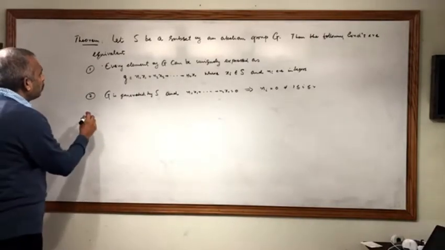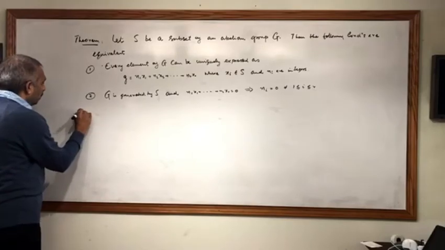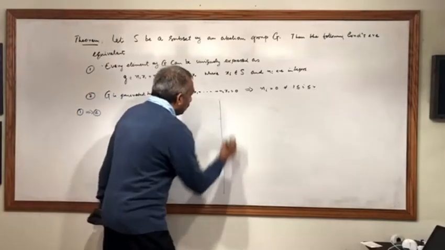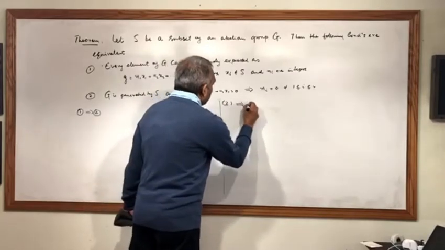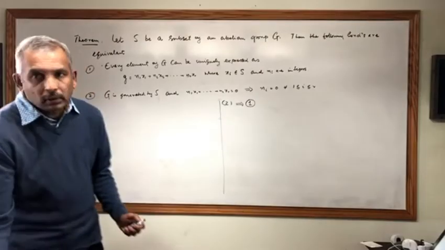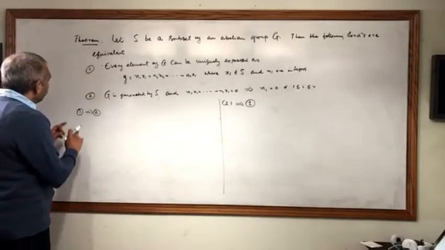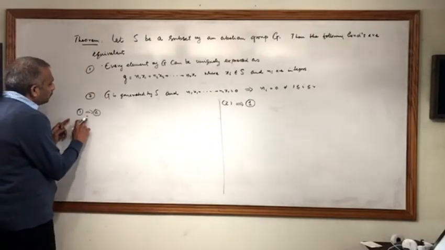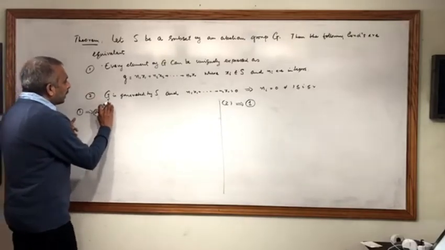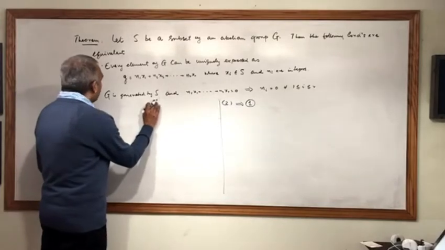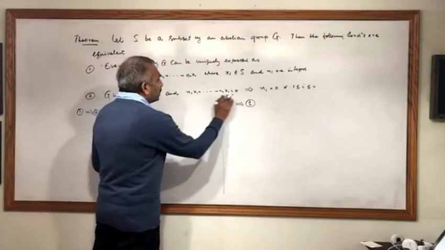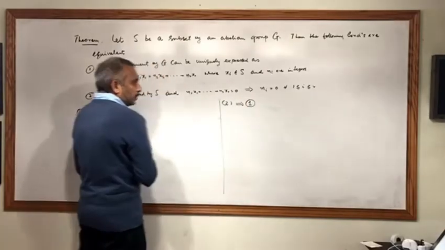So we have two parts to prove here. One implies 2 and 2 implies 1. So 1 implies 2 involves proof of two statements: G is generated by S, and if this is true, all ni's are zeros.